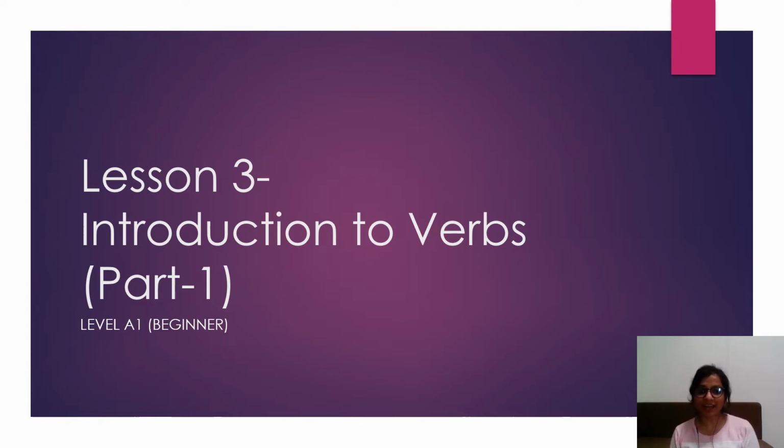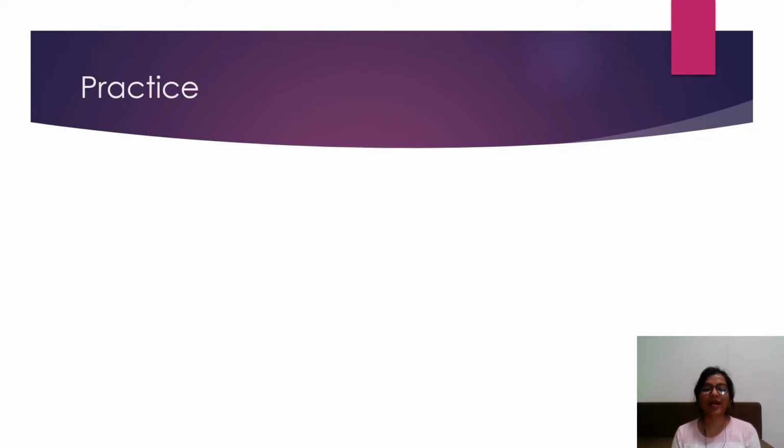But before that, I hope you got a chance to do the practice exercise of our previous lesson. Let's see how many of you got it all correct. In our previous lesson's exercise, we were supposed to identify the pronouns. Please note that in my answers, I have just highlighted what all pronouns are there in the sentence. I have not detailed the categories that we discussed in the previous lesson.